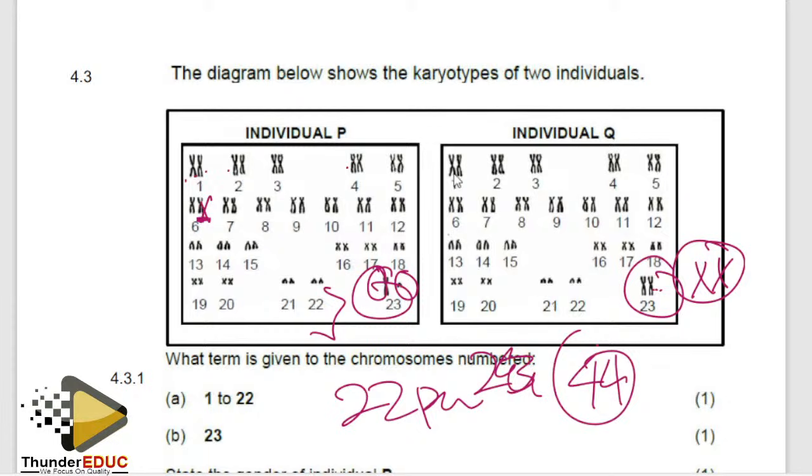It's better to count them, because they won't just ask you a question like how many chromosomes are there. No, they will have to hide something. There must be a reason why they ask you that. Maybe there is a chromosome which they have hidden, and you have to identify where they have hidden that.